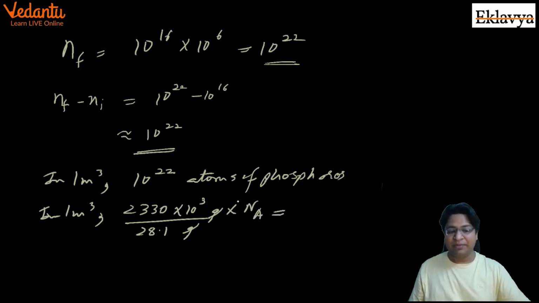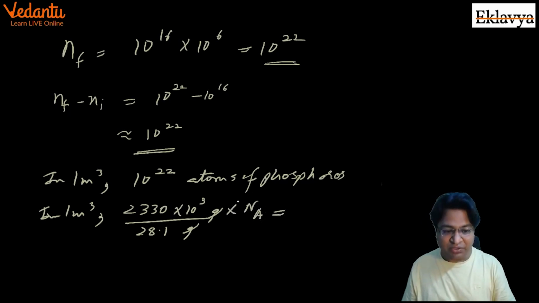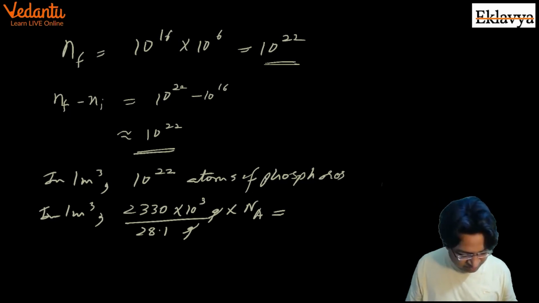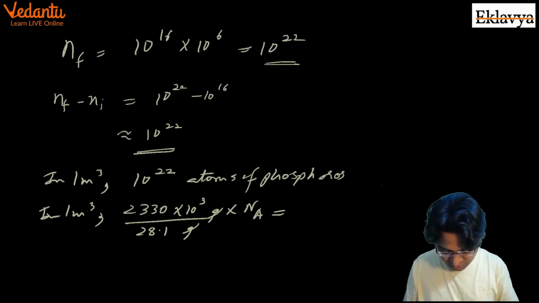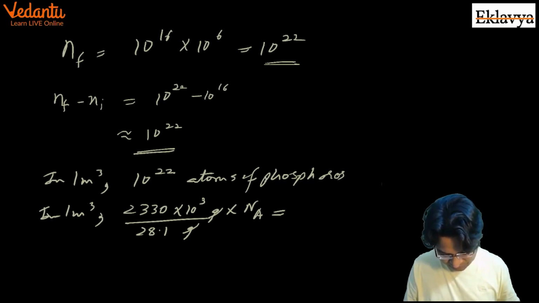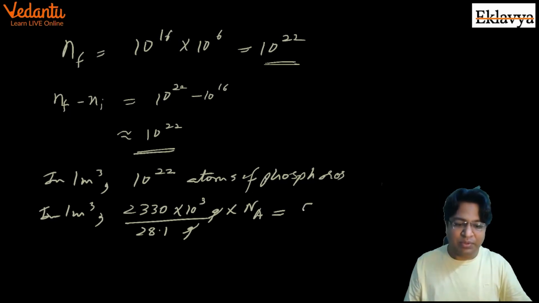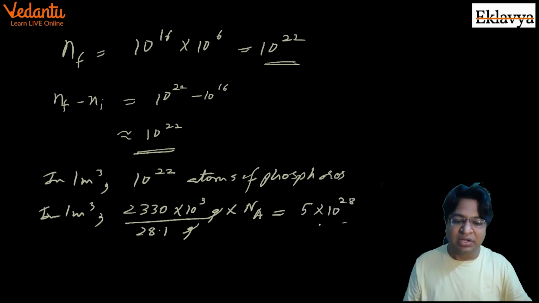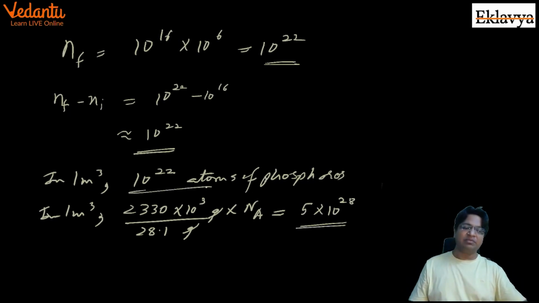The number of atoms of silicon in 1 meter cube would be given by 2330 into 1000 divided by 28.1 and then multiplied by Avogadro's number. This is coming out to be approximately 5 into 10 raised to power 28. So these many atoms of phosphorus are there, these many atoms of silicon are there.